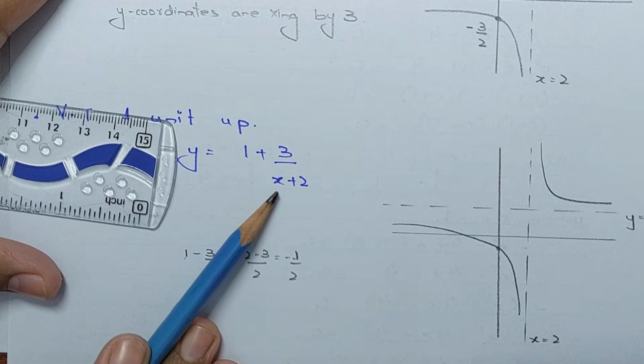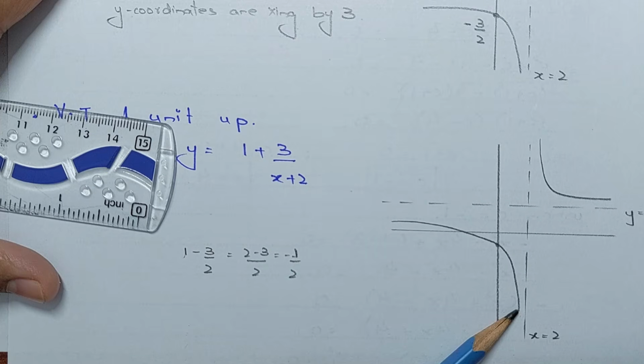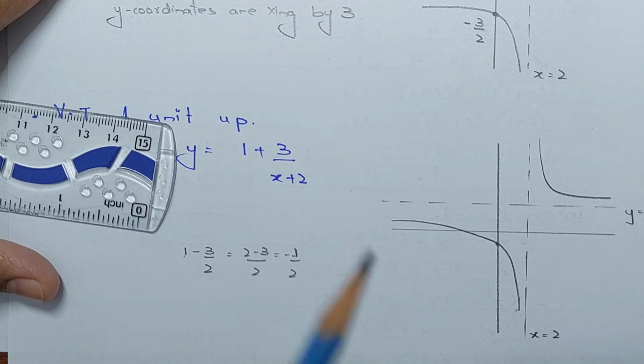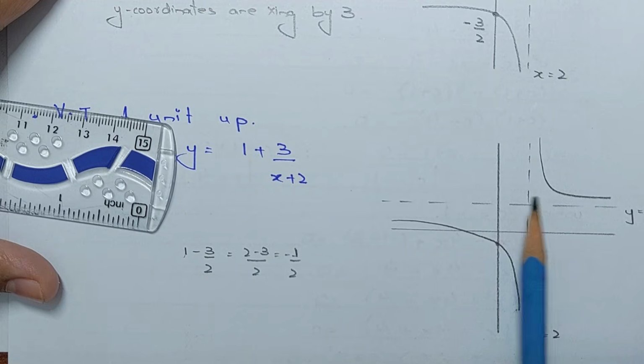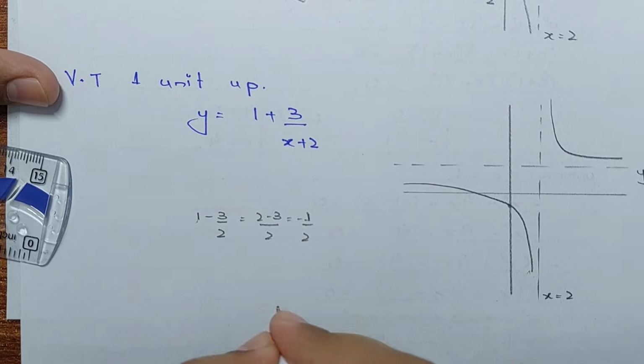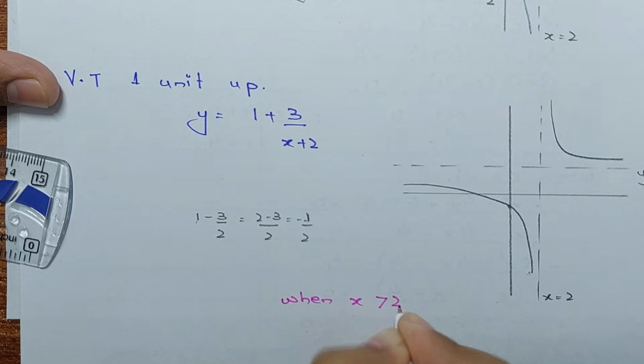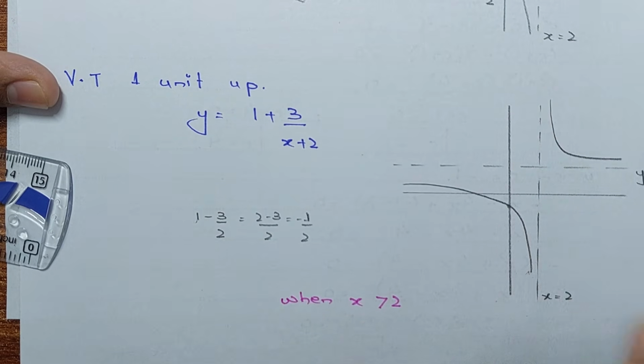Now, for this final function, what is the range? The domain we have been given is x greater than 2. You can see this is x equals 2, and these values are x more than 2.